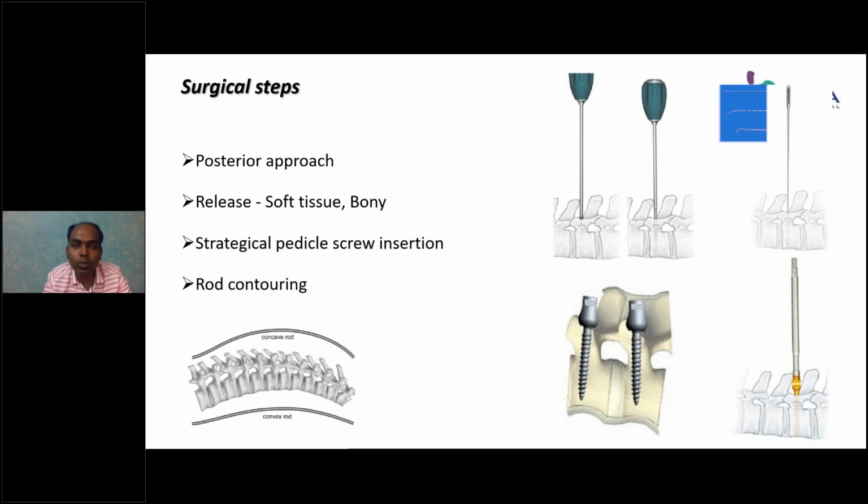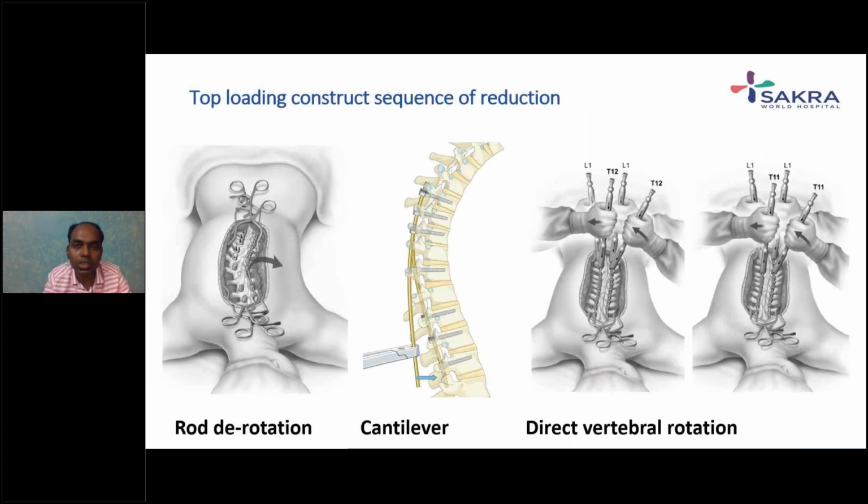Once it's done, I would place the working rod, which is the concave rod, on the thoracic curve, which is the most common curve we usually encounter, and then I rotate it 90 degrees away from the midline. I am manipulating the rod away from the midline. Once that particular 90-degree rotation is done, almost most of the deformity vanishes.